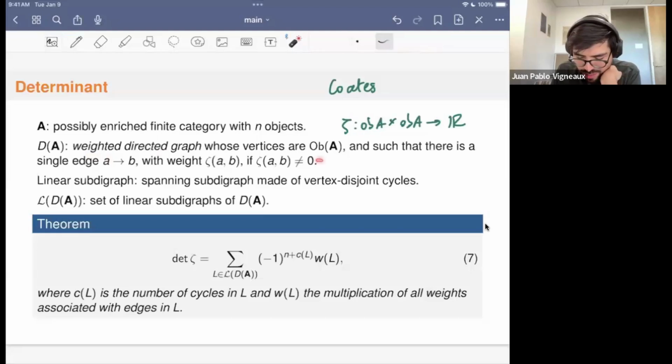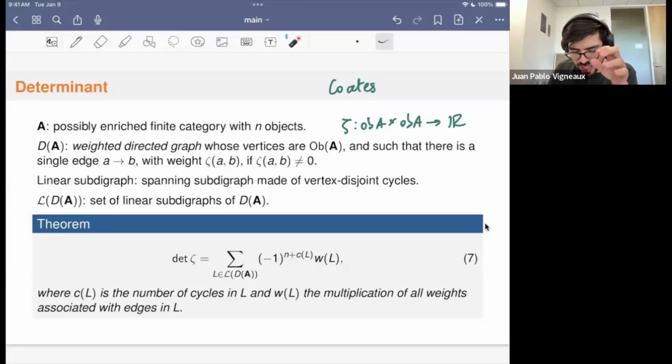The vertices of the graph are the objects of A, and you put an edge from A to B with weight zeta AB every time that this zeta is different from 0. And now what you would like to call a linear subdigraph is a subdigraph of this dA made of cycles. All these cycles are supposed to be vertex disjoint.